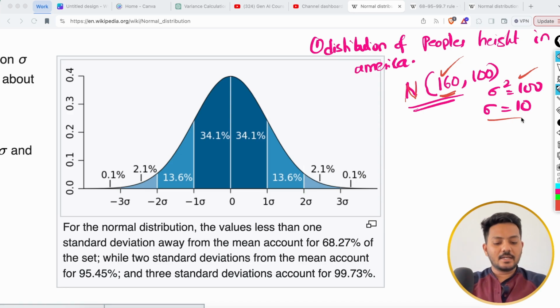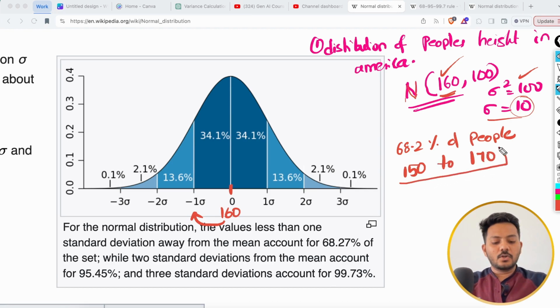That means that approximately 68.2% of people's heights in America would range from the mean value of 160, subtracting 1 sigma, which is 1 into 10, so 150 to 170 centimeters is the range in America such that 68.2% of people fall in that region.